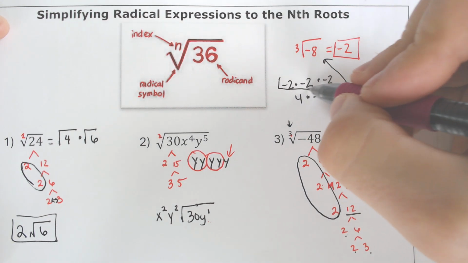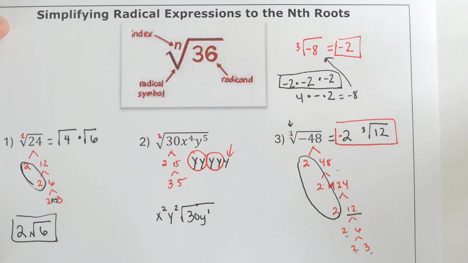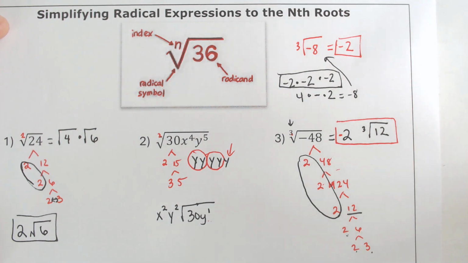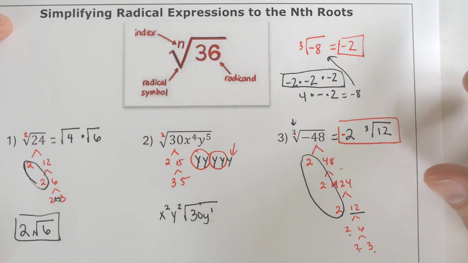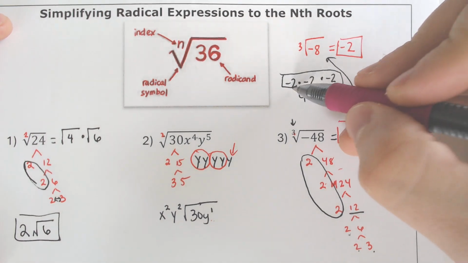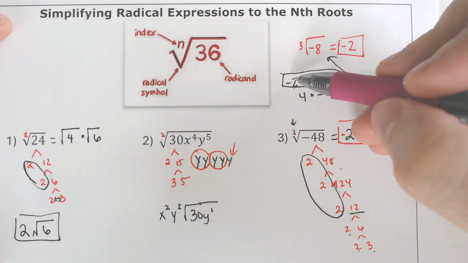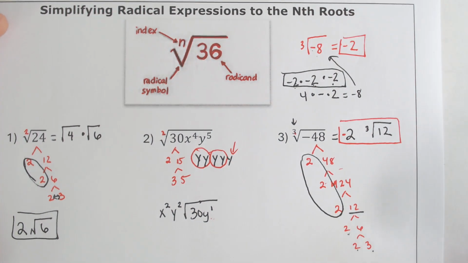You're looking for what multiplies by itself 3 times to equal the number underneath the radical. Cube roots and fifth roots can have the root of a negative number. If it is an even root, you can't take out the negative number, because multiplying a negative times a negative an even amount of times equals a positive. Multiply a negative an odd amount of times, and it can equal a negative.